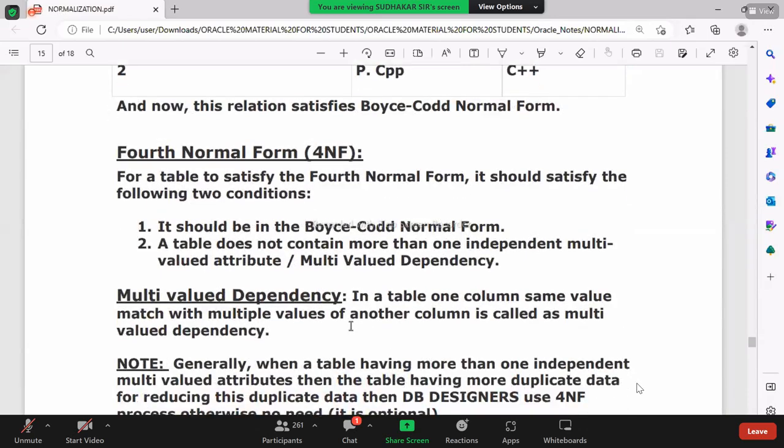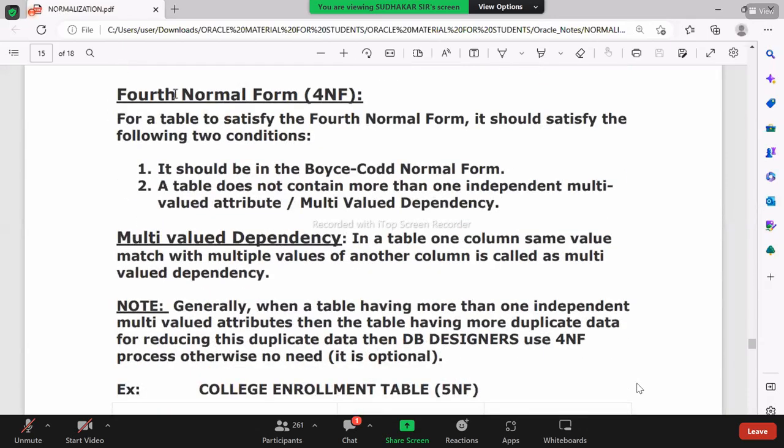Next, come to 4th normal form. If you satisfy 4th normalization, then your table must be in Boyce-Codd normal form. And the second important condition: a table does not contain more than one independent multi-valued attribute.